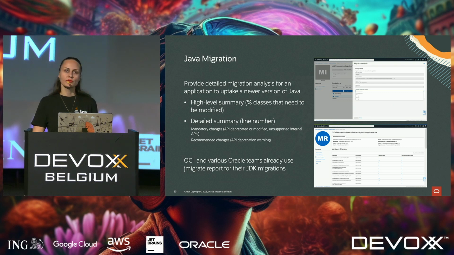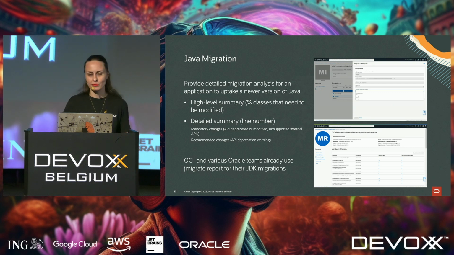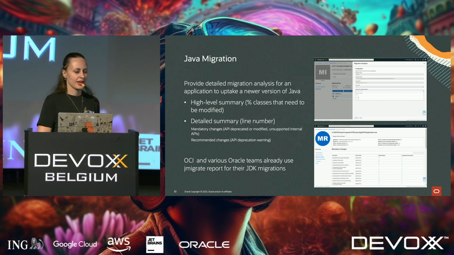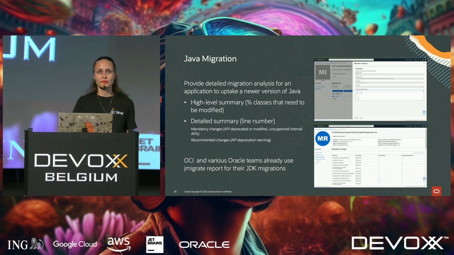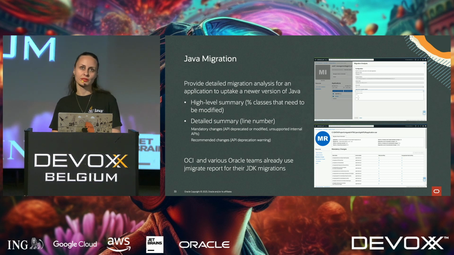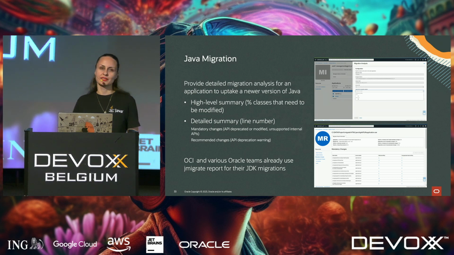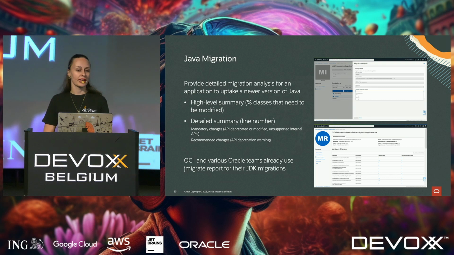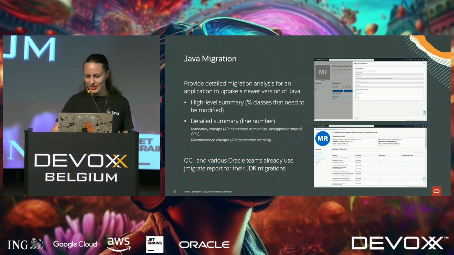Now, who used this before me? Well, there are a lot of people, but I would like to tell you that the internal teams, like OCI teams, Oracle Cloud Infrastructure teams, and other various Oracle teams have used this report to migrate the JDK from older runtimes to newer runtimes. So this was tested on others first before you run it.